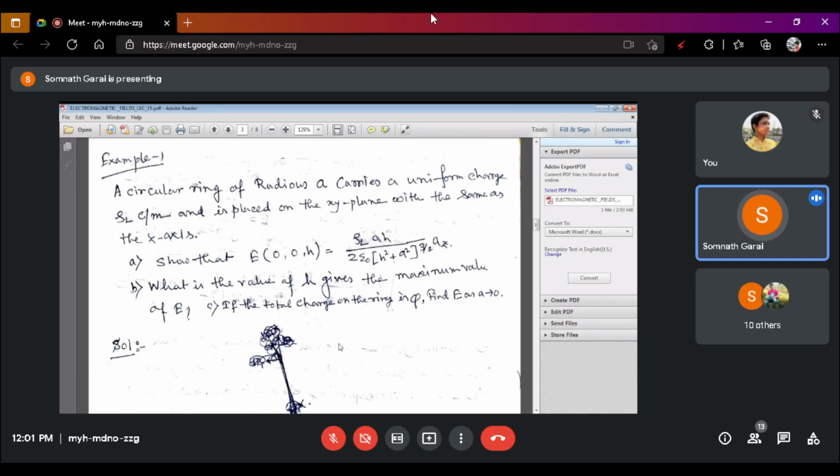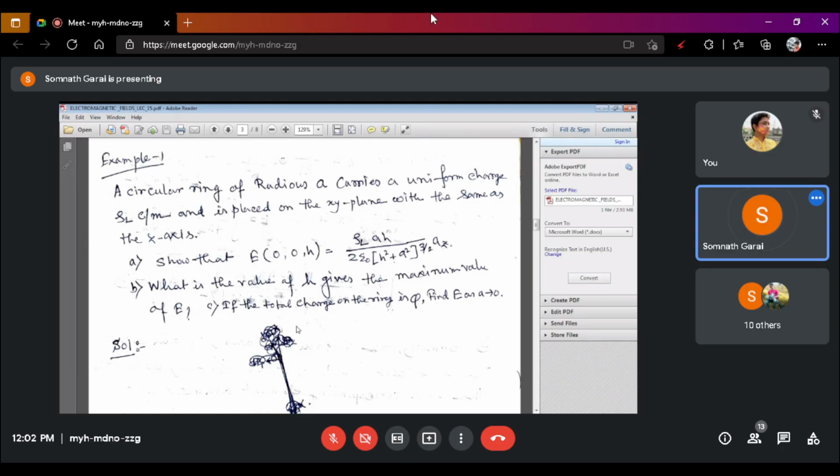If we calculate the electric field intensity at a point E, which is situated at 0, 0, h with respect to a line charge situated in a circular ring whose radius is a, and carries a uniform charge rho L coulomb per meter and is placed in the xy plane with the same axis as the z axis.